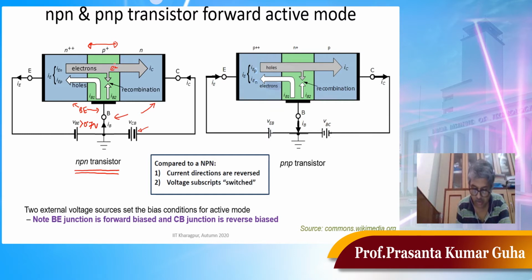So most of the electrons which come to the base will manage to reach the collector, right? Now we can articulate the different currents.